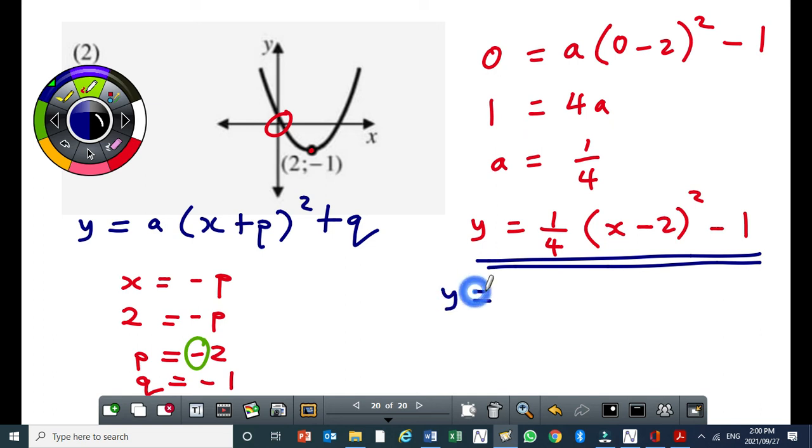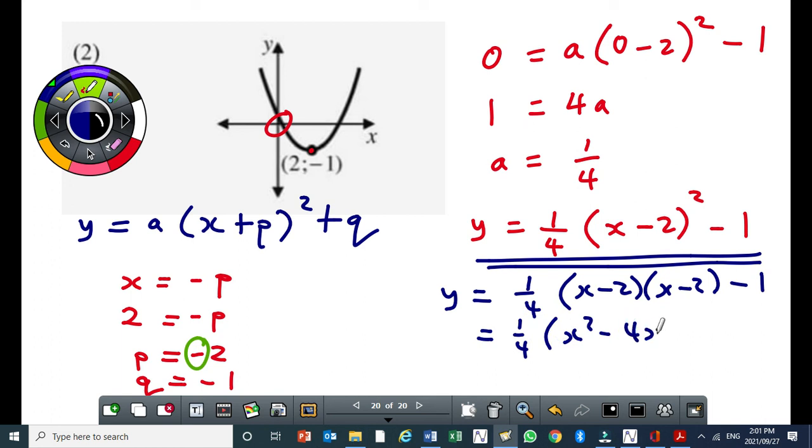So this becomes y equal to a quarter times x minus 2 times x minus 2, minus 1. Then this becomes a quarter times x squared minus 4x plus 4, minus 1. Then I'm going to multiply everything by a quarter.